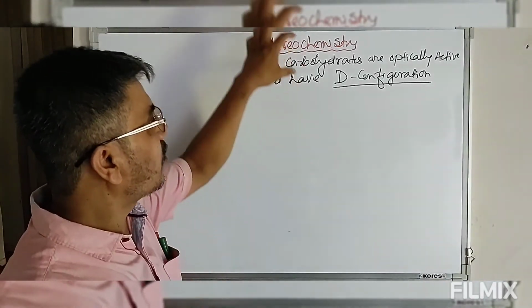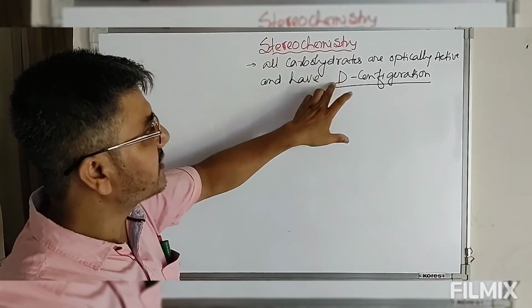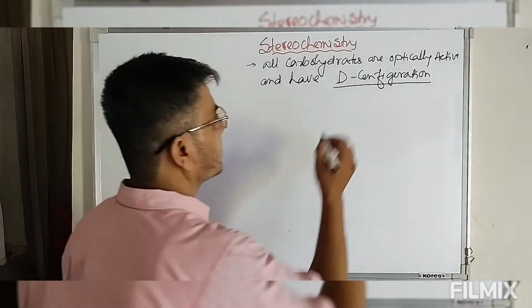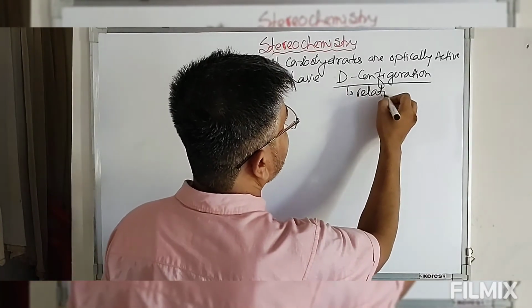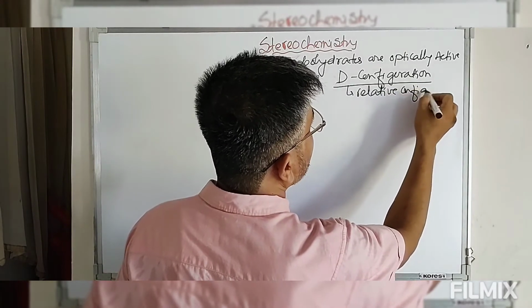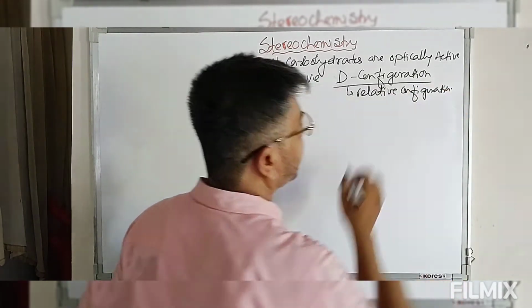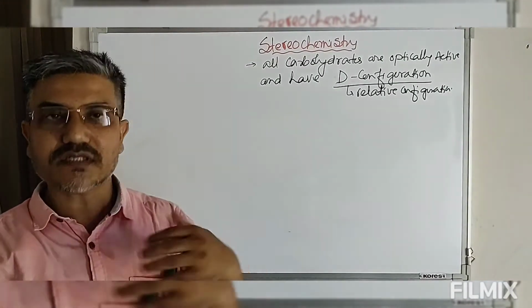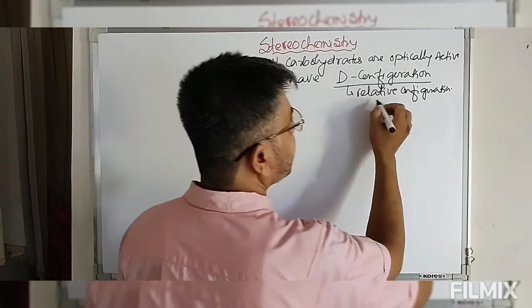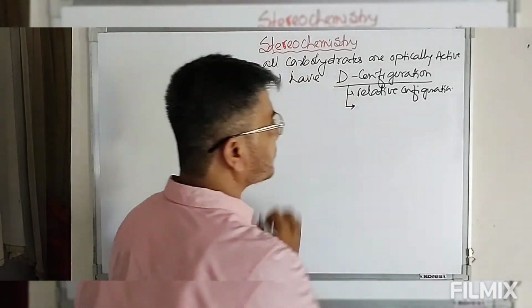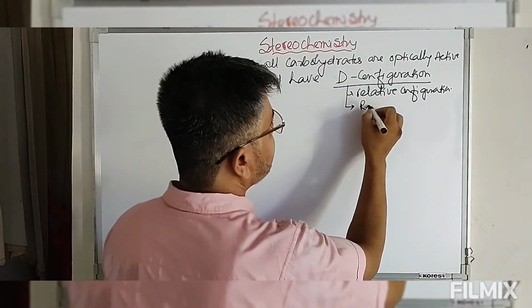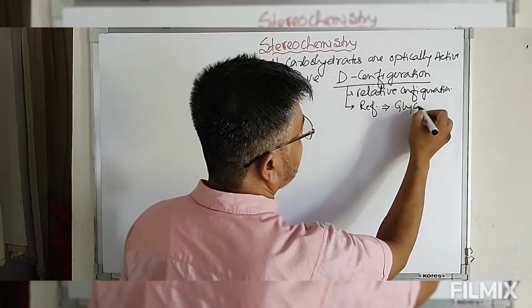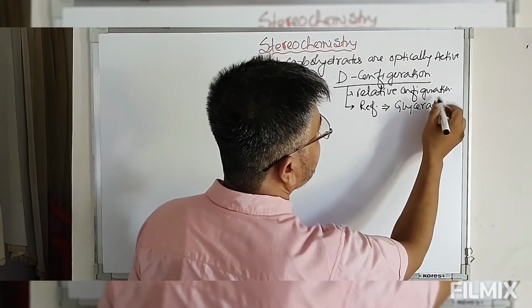Now when I say all these carbohydrates have capital D configuration, this capital D configuration is nothing but the relative configuration. Once it is a relative configuration, there must be some standard reference to measure the configuration of the carbohydrate. The standard reference used is glyceraldehyde.